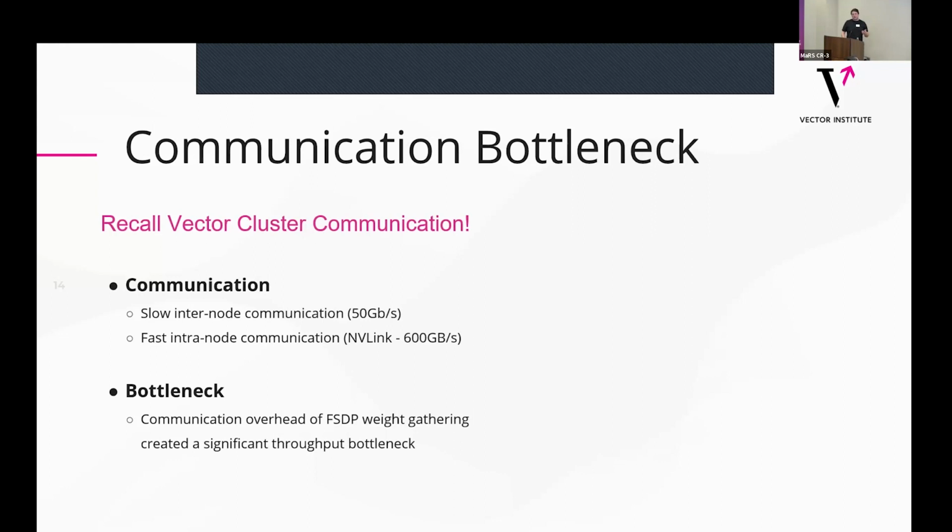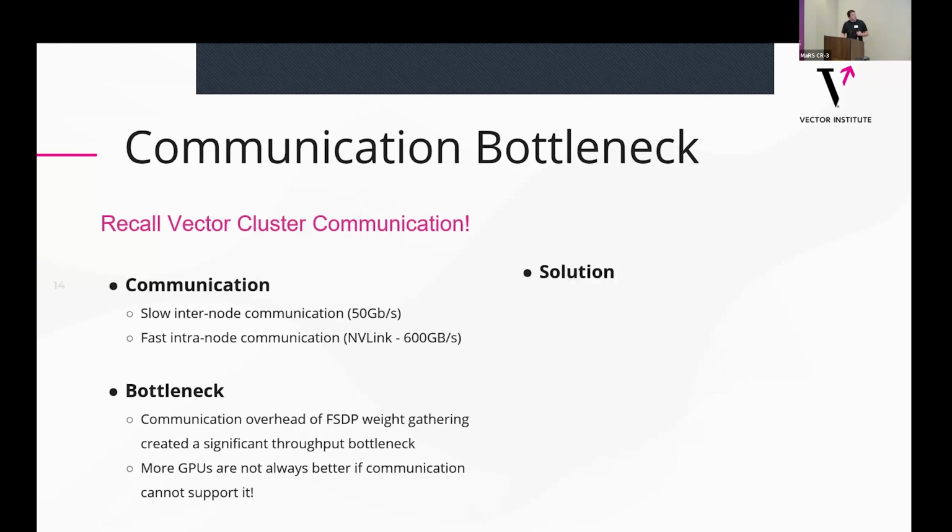What we identified was that the communication overhead of FSDP was creating a pretty significant throughput bottleneck. The takeaway here is that more accelerators and more GPUs are not necessarily better if you don't have the communication available to support it.